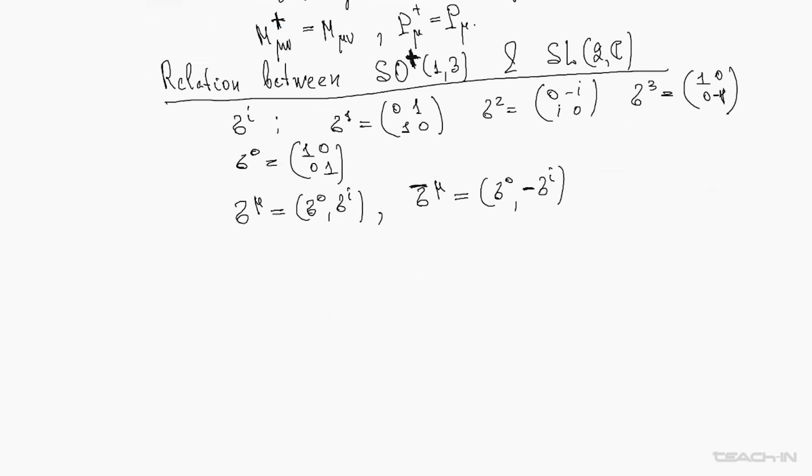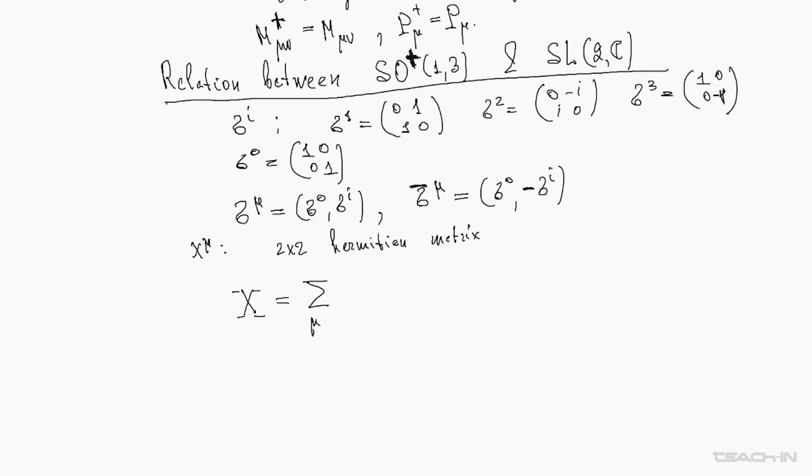Then, having a 4-dimensional vector x mu, you define a 2x2 Hermitian matrix by means of the following construction. Let's denote this matrix by X capital, and it's given by the sum over mu from 0 up to 3 of x mu sigma mu.